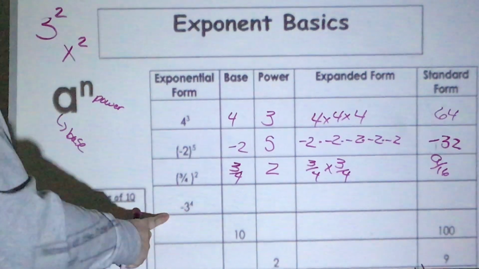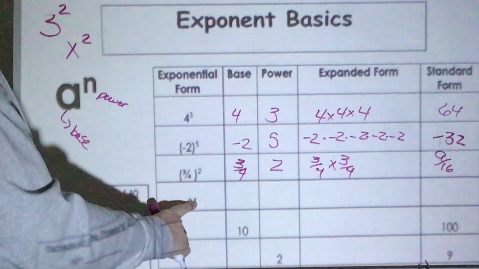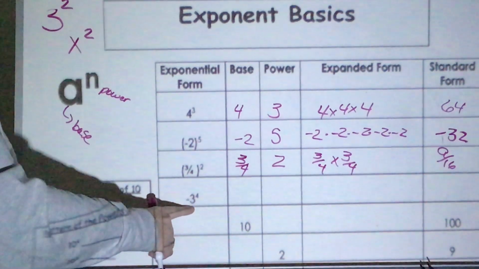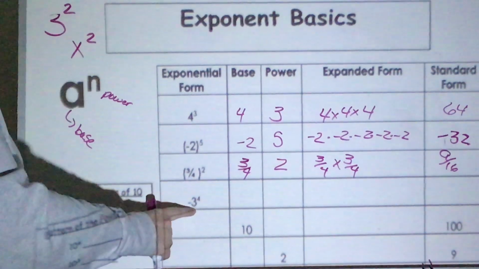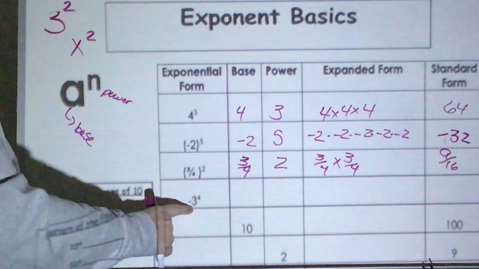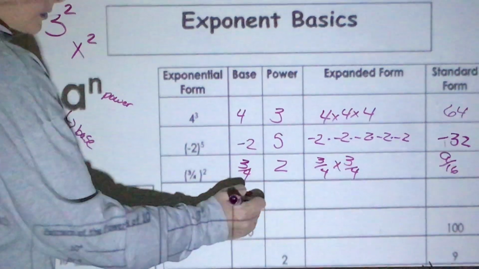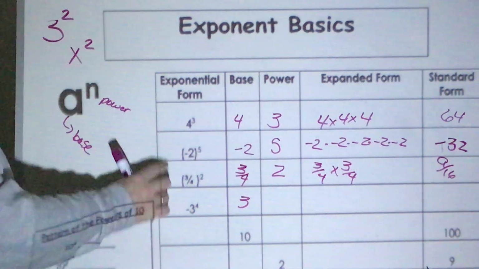Our next example, there aren't parentheses. You have -3 to the 4th power. The power, though, because there's no parentheses, is only attached to the number 3. Order of operations says to do powers before you do subtraction. So in this case, our base is just the 3. This is the trickiest thing that we'll be doing.